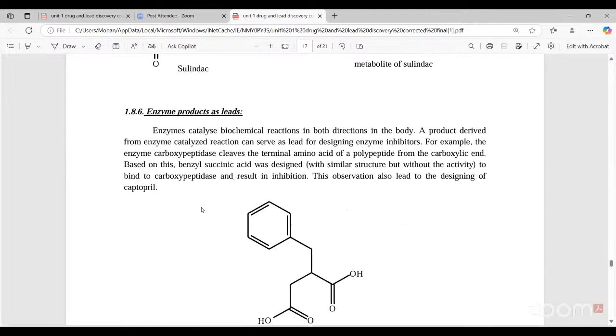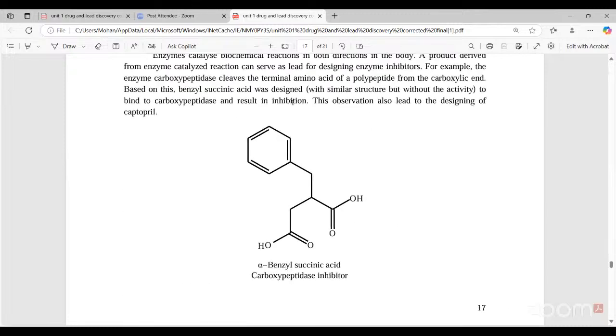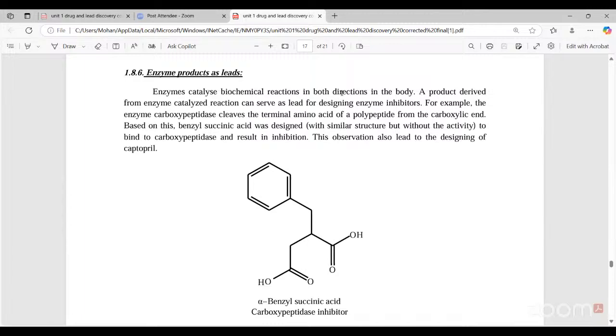Enzyme products as leads. Enzymes catalyze biochemical reactions in both directions in the body. A product derived from enzyme catalyzed reactions can serve as lead for designing enzyme inhibitors.